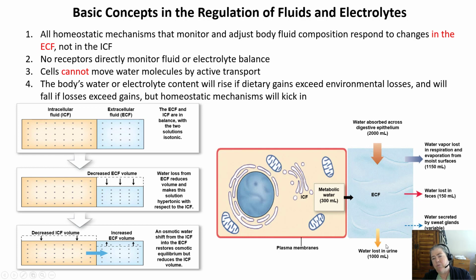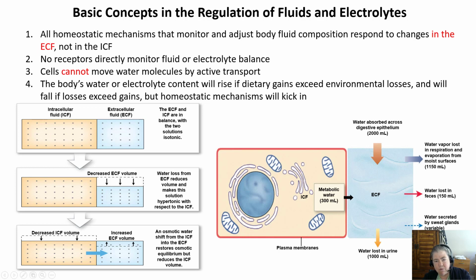As you know, we lose water, and we lose water in our urine, and we lose water through water vapor and evaporation, and we lose water in feces, and we lose a little water through sweat. So if we take in less water and we reduce our extracellular volume and we maintain our amount of electrolyte, it becomes more concentrated.